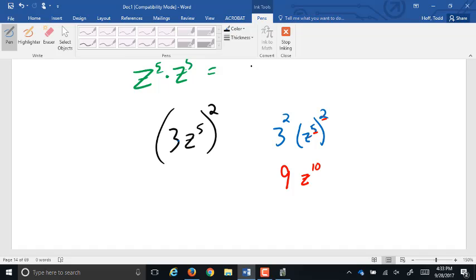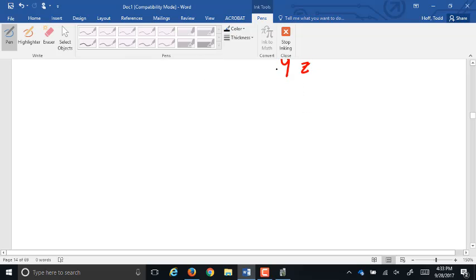Okay, so we've talked about ratios and rates. So I want to spend a little bit of time looking at some examples of ratios and rates and picking out which one is which.